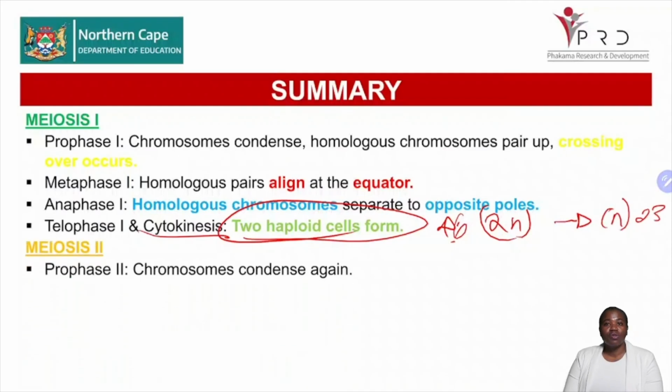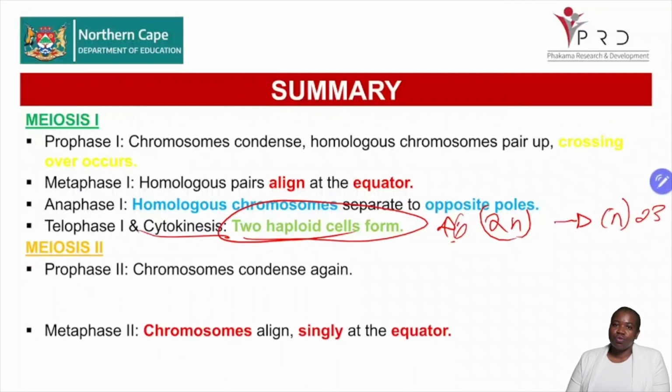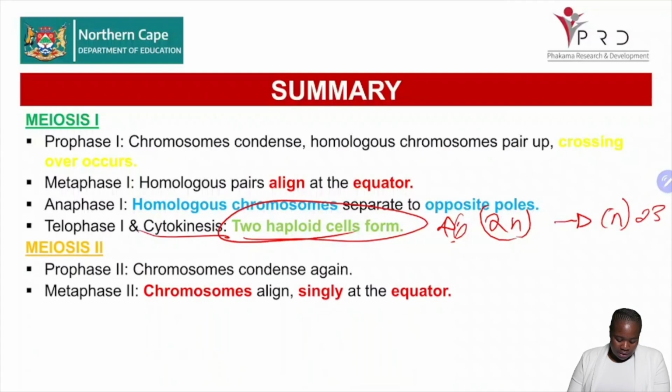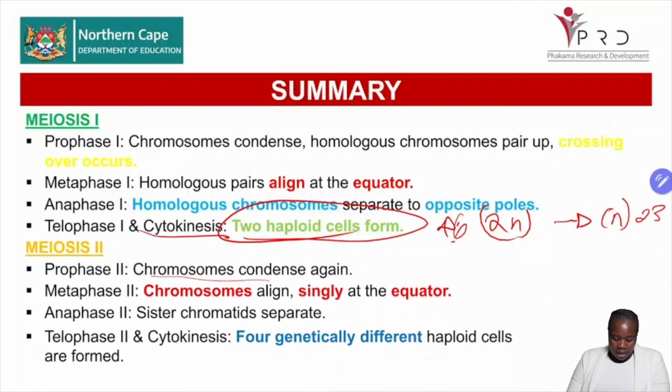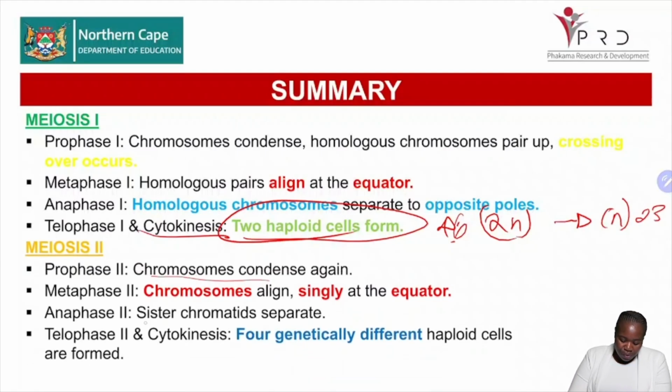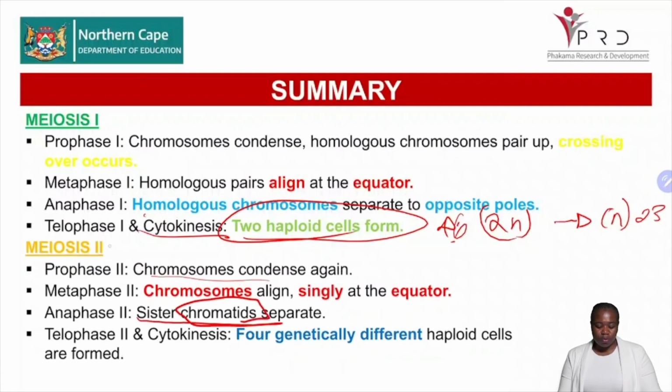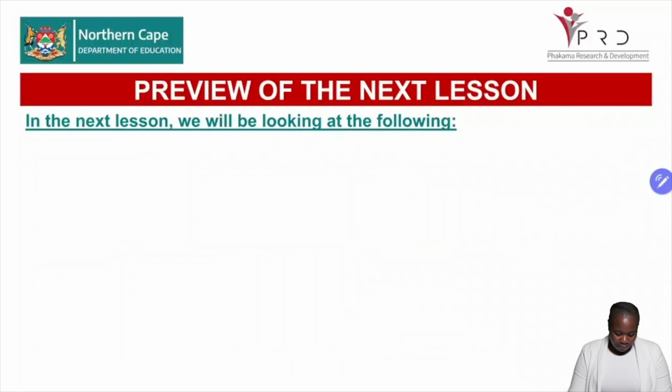And then in meiosis 2, with prophase 2, metaphase 2, anaphase 2, and telophase 2. Again, make sure that you master the main events that take place within each phase, right? Here, the sister chromatids are going to separate, not the homologous chromosomes. Now it's going to be the sister chromatids.